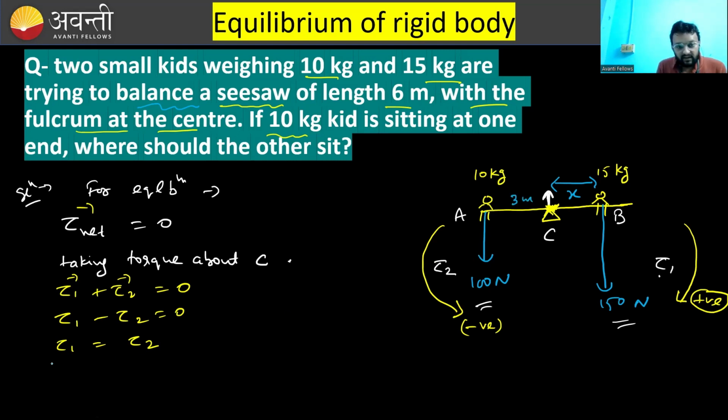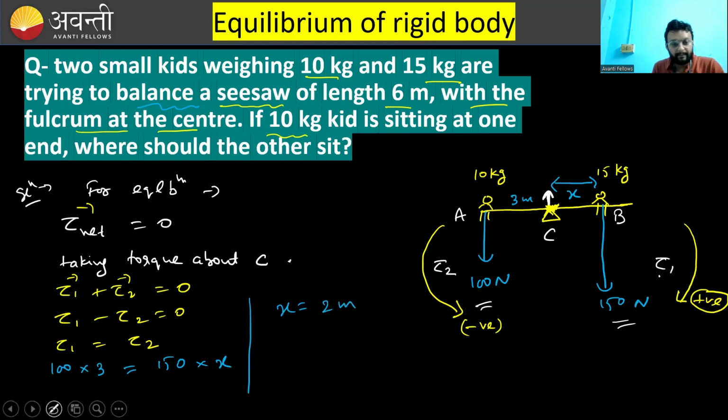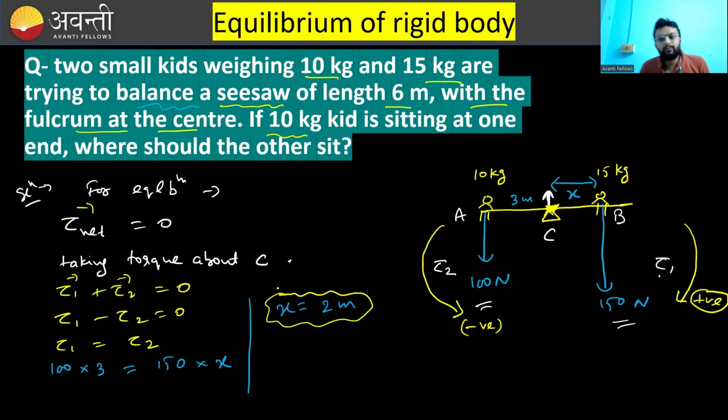So tau 1 is 100 into 3, equal to tau 2, which is force again, 150, into the distance x. So x will be 2 meters. I think this is clear to you.